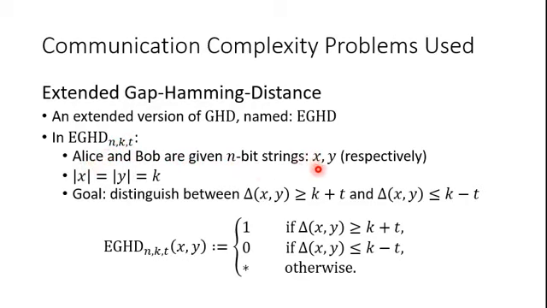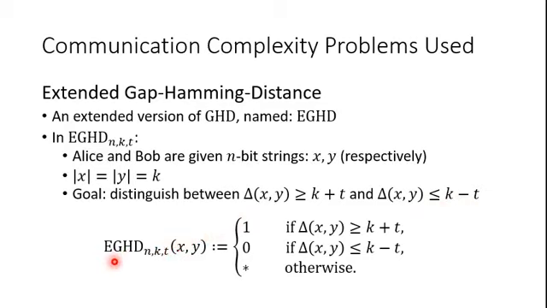Again, Alice gets x, Bob gets y. And their Hamming weight, which is the number of ones in each of the inputs, equals k. Their goal is to distinguish between the Hamming distance being larger or equal to k plus 2 and the Hamming distance being less or equal to k minus 2.